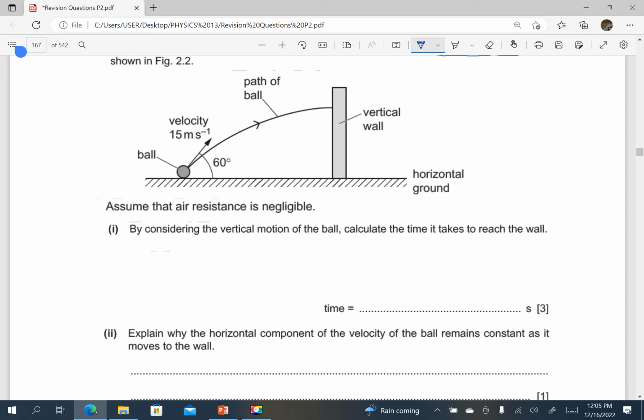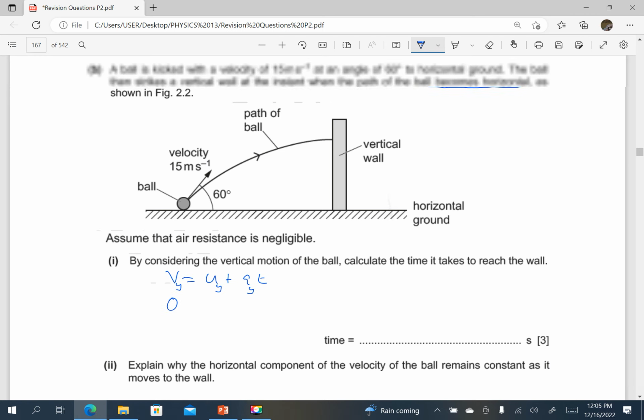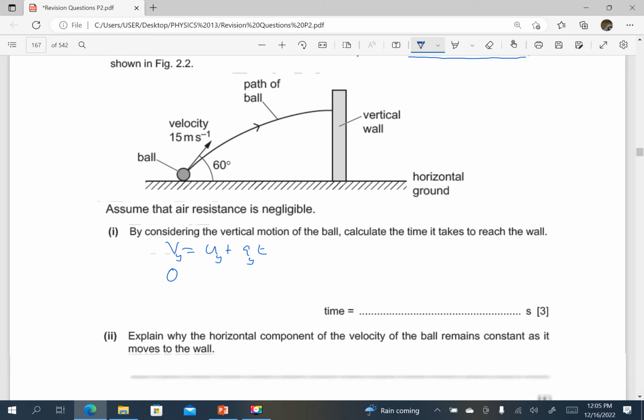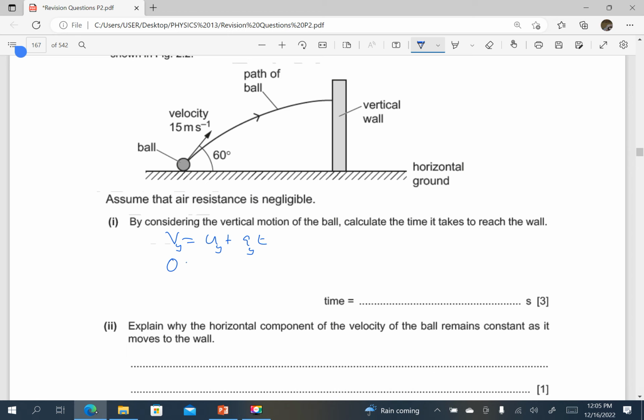By considering the vertical motion of the ball, calculate the time it takes to reach the wall. So V is equal to U plus at. I'm considering vertical motion. So I have to resolve at the maximum point, V is going to be 0. Remember they said it hits the wall when the path becomes horizontal. It means it has reached maximum height. At maximum height, V is 0 in the vertical.